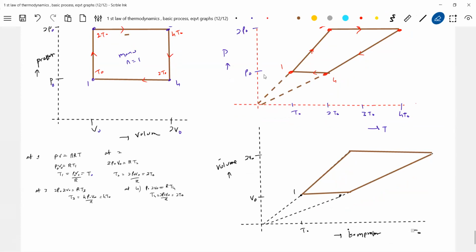In the exam, nobody will ask you to draw, no? You only have to identify the graph. There's a 4T0. So there are points 2, 3, 4. The curve will be like this.